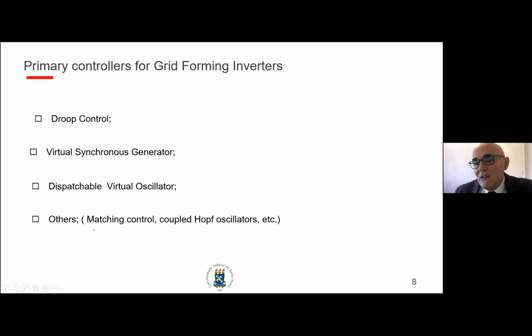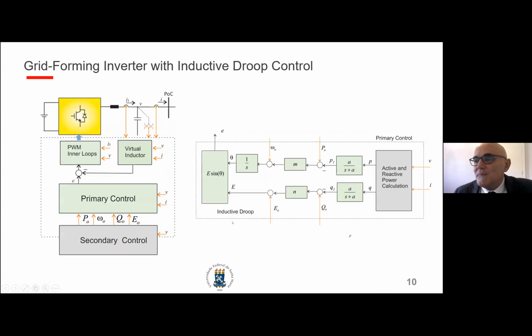Of course, there is another way to implement primary control, the coupled Hopf oscillator. If you look, you are going to find different alternatives. But I would say that the most popular one is the droop control, and the dispatchable virtual oscillator also is very promising in my opinion.